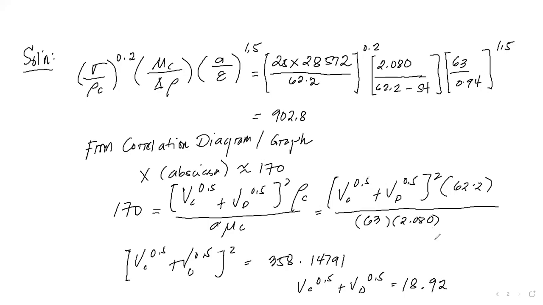Since the two are still unknown, we can have this as equation 1. Then we can use the information provided in the given. So we can use the V sub C to V sub D flow rate ratio. So our continuous phase is 56 and your dispersed phase is 84.